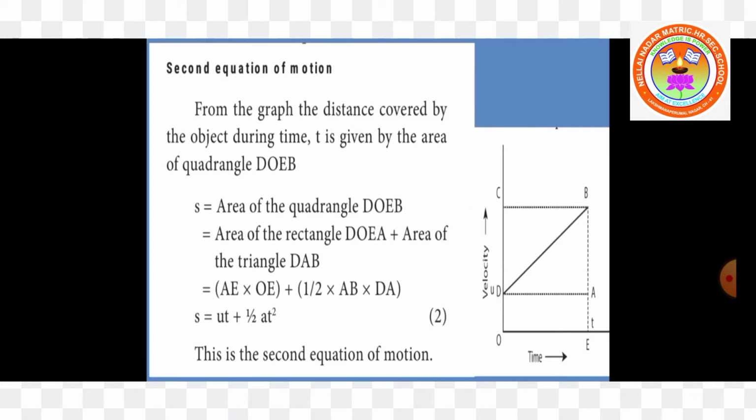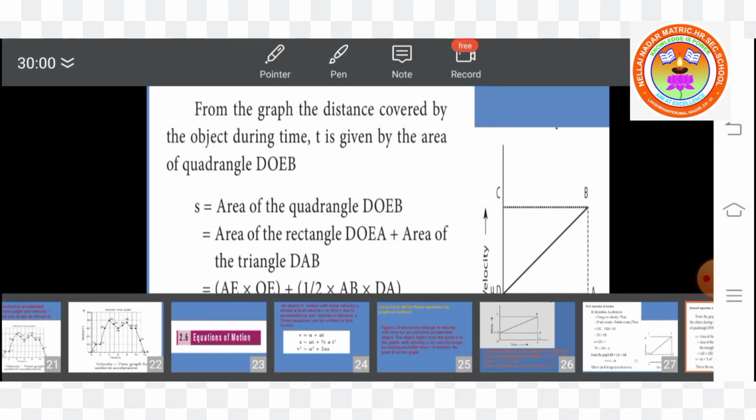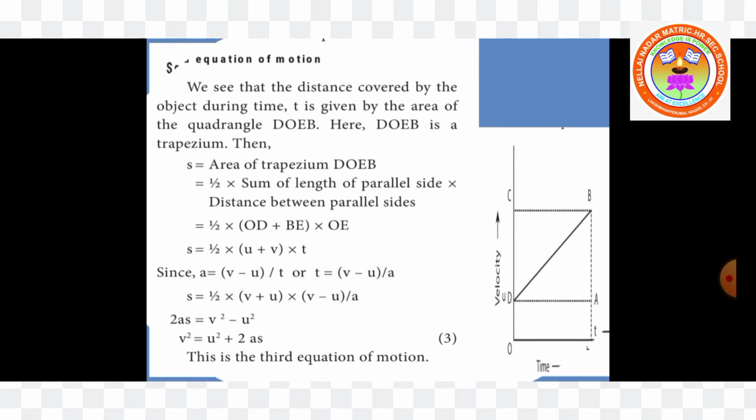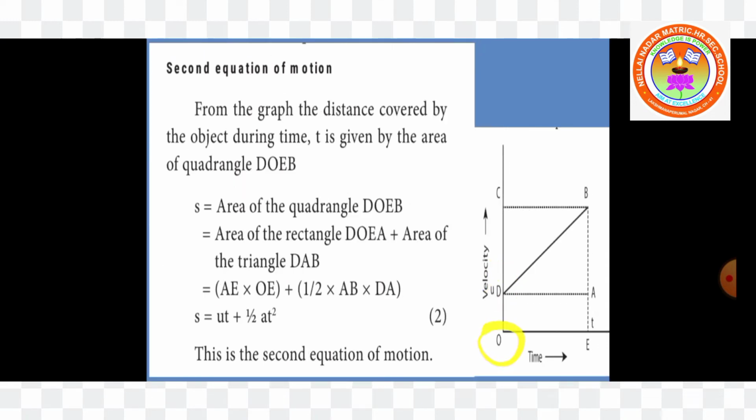Next, we are going to derive the second equation of motion. From the graph, the distance covered by the object during the time t is given by the area of the quadrangle, that is, the area covered by the quadrangle DOEB.